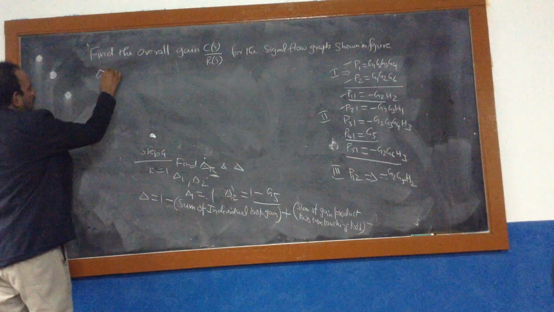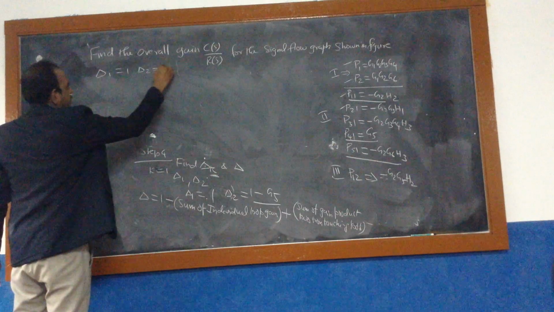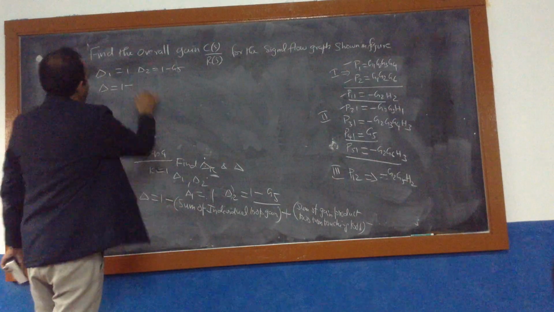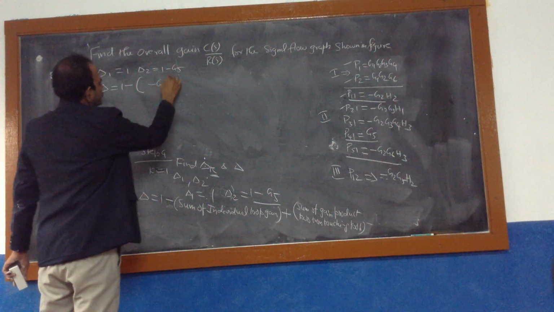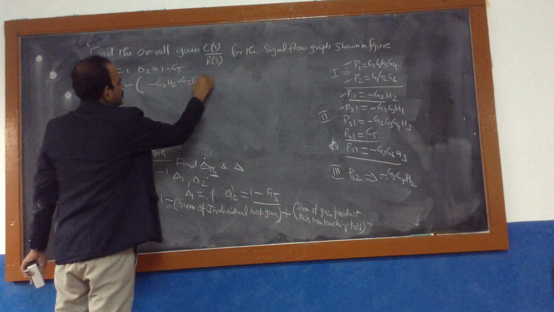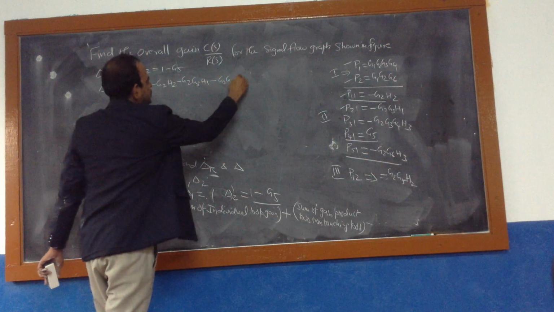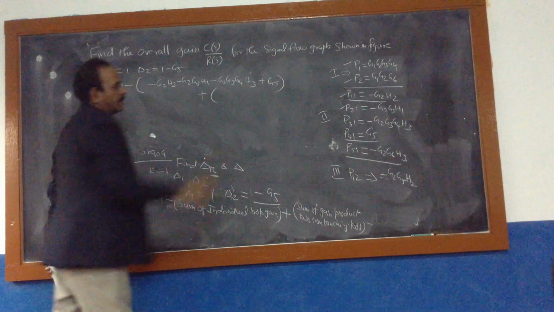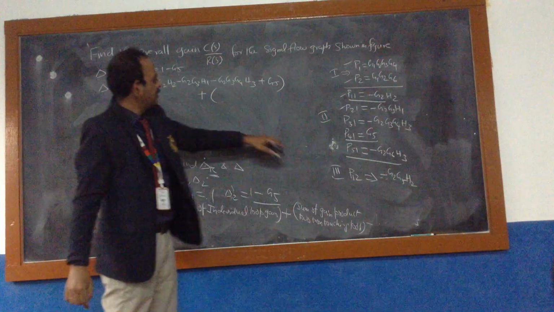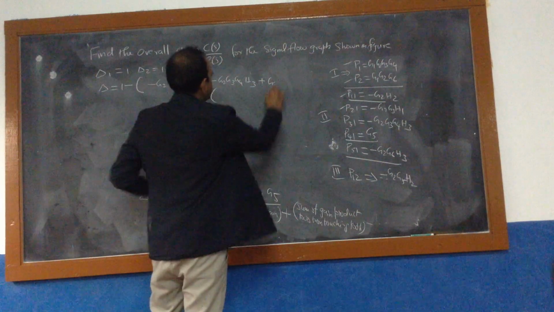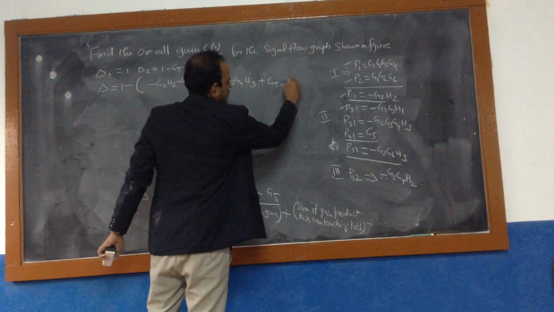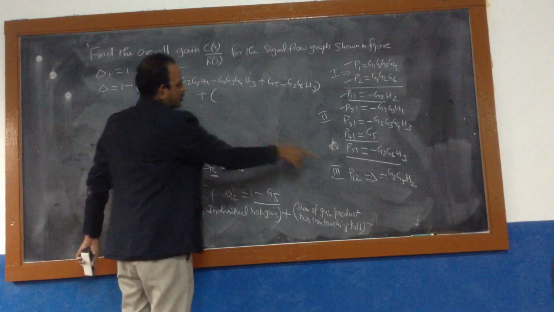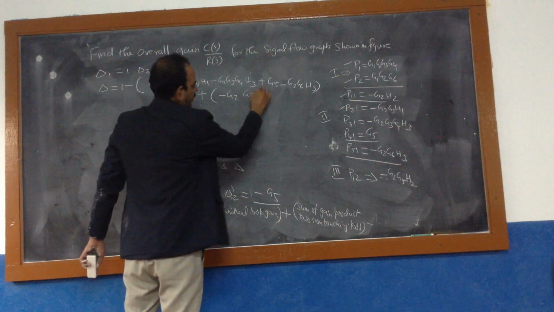So del: I already found del 1 is 1, and del 2 is 1 minus G5. Okay. So del is 1 minus the sum of individual loop gains: minus G2 H2, minus G2 G3 H1, minus G2 G3 G4 H3, plus G5, and there is one more loop, minus G2 G6 H3. So the final term is the two non-touching loops, that is minus G2 G5 H2.